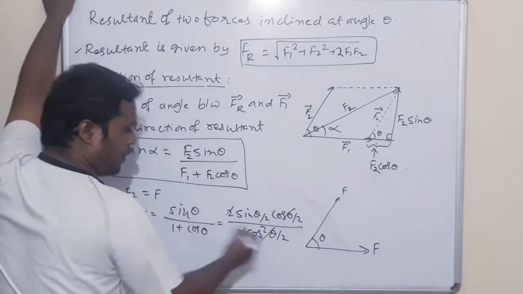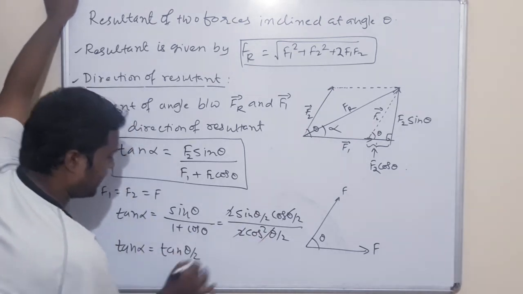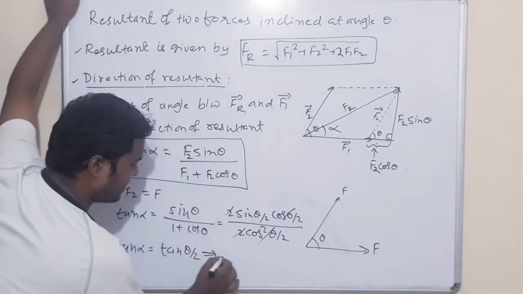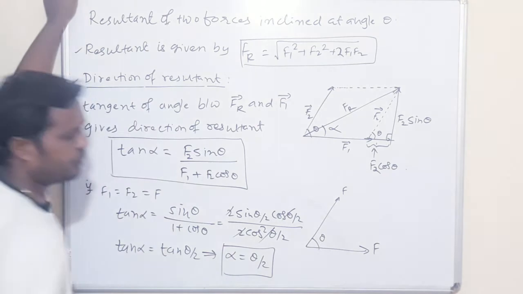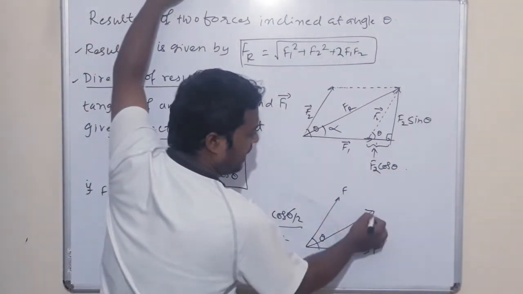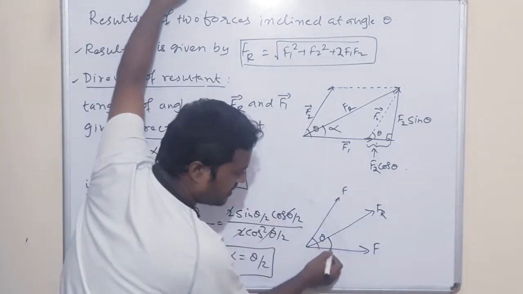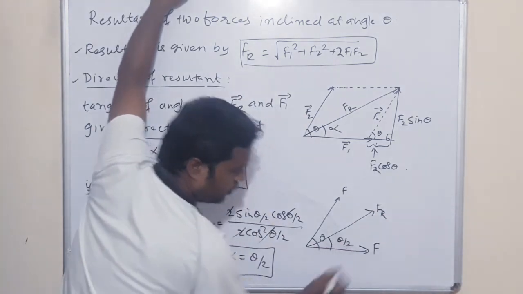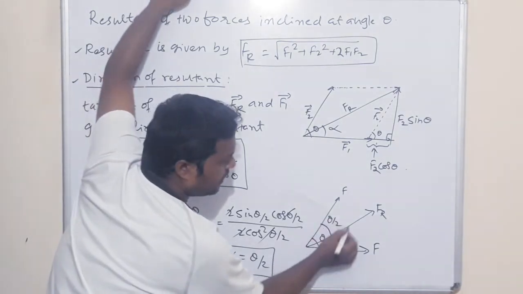Sin theta by 2 divided by cos theta by 2, then this will be tan theta by 2, which implies that alpha is equal to theta by 2. That means this resultant will make an angle with this vector. What is that angle? It is theta by 2. Then what is this angle? This angle will also be theta by 2.